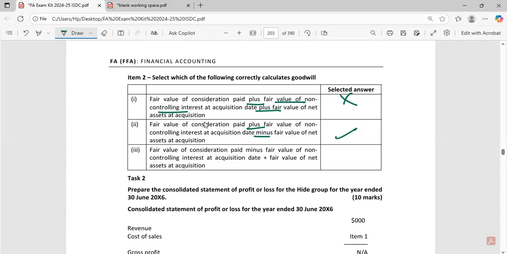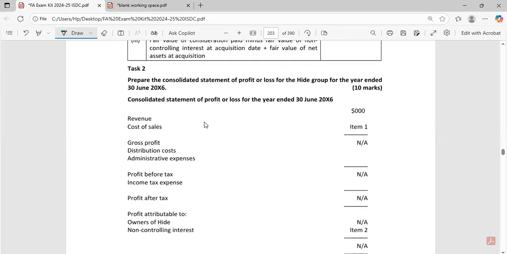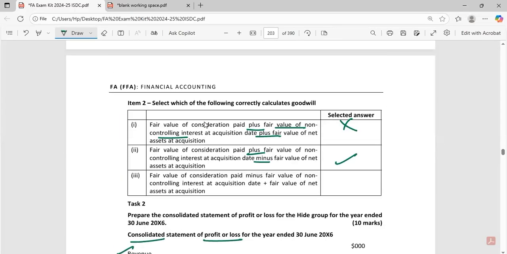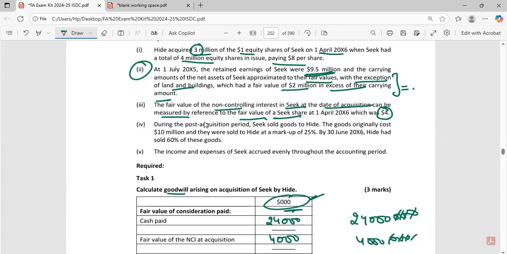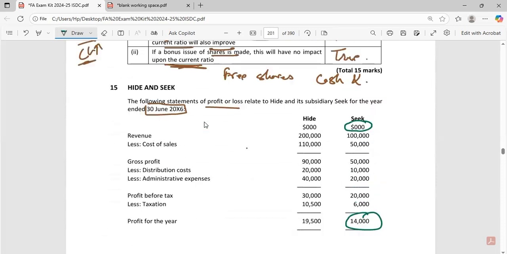Okay, fine. Now let's do this. We have to calculate consolidated revenue. Okay, consolidated P&L it is. So we have to calculate consolidated revenue. So see, over here, we will take entire revenue of our Hyde company, which is 2 lakh, right?